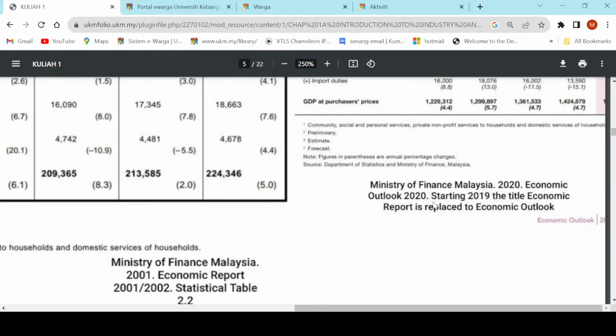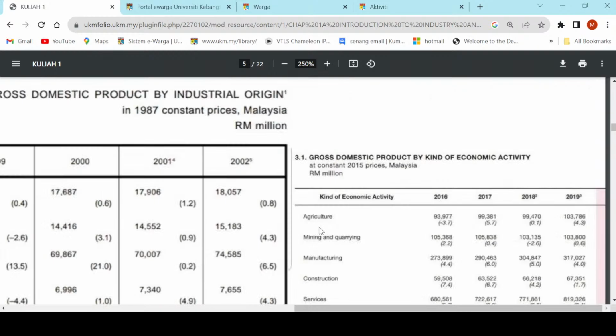Suppose let's follow that one here because I cannot move. So this is the estimate. This is the projection.